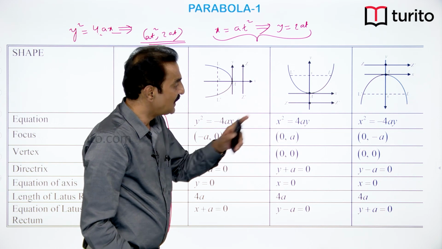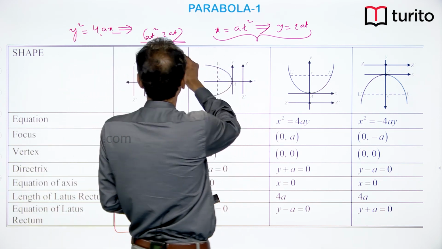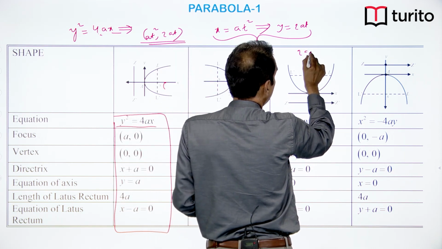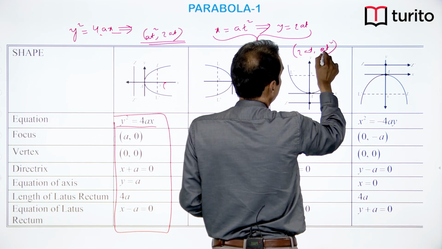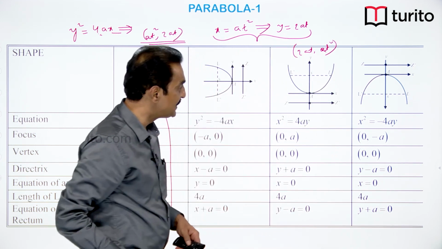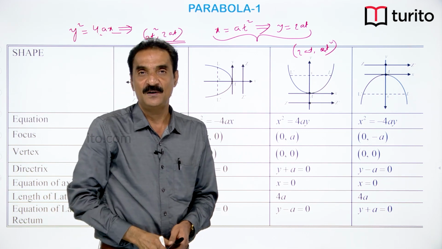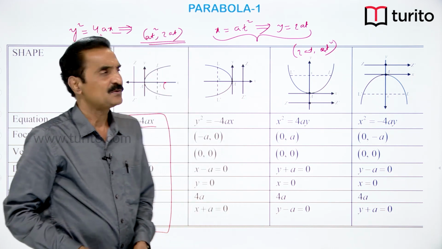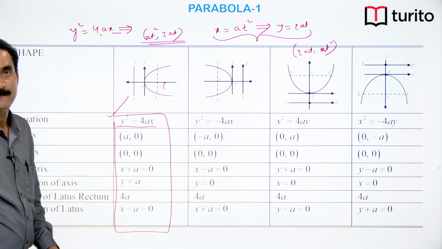And if you want parametric equations of x square is equal to 4ay, you just interchange the coordinates. Any point on this parabola will be in the form of 2at comma at square. So, x is equal to 2at, y is equal to at square will be the parametric equations of this parabola. But usually we use the parametric equations of this parabola only.